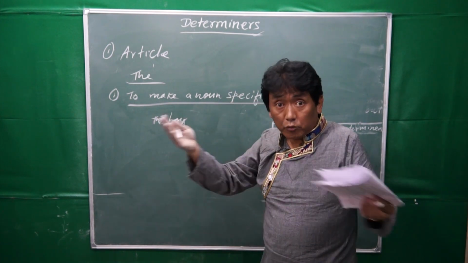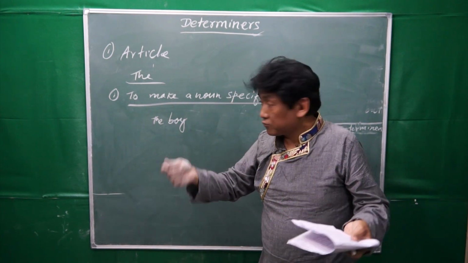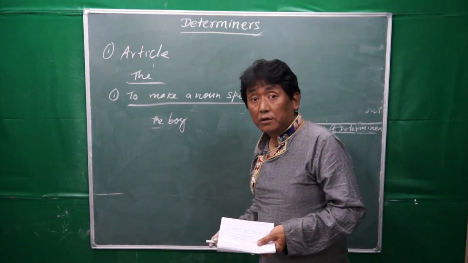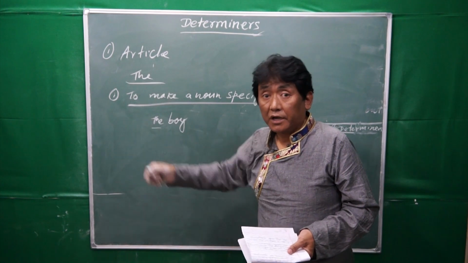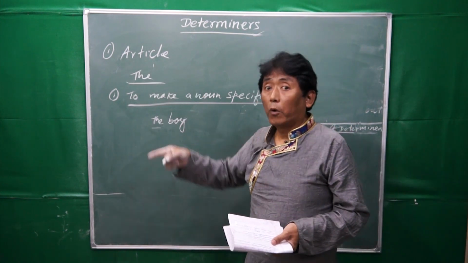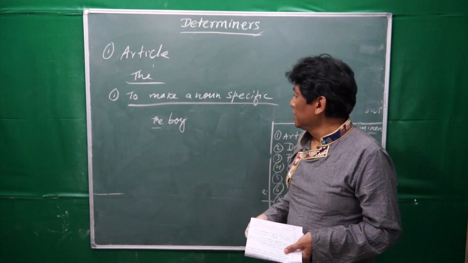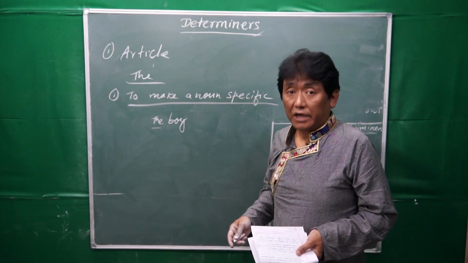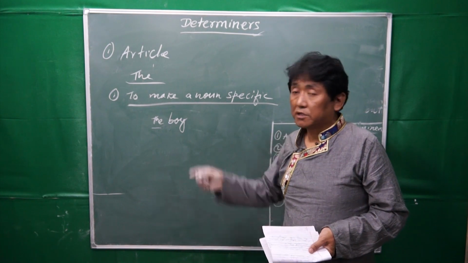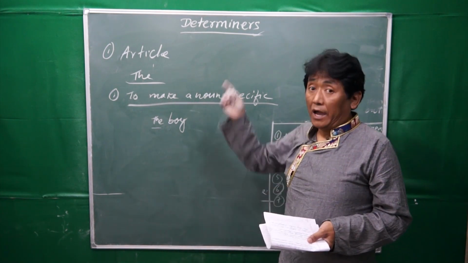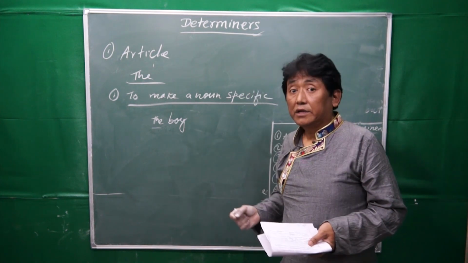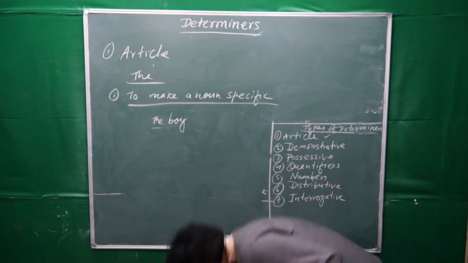So there may be two boys, right? That is why this the makes a lot of difference. The makes that boy specific. Thus, I'm talking about the same boy whom I saw at the school gate and who was wearing a red cap. Okay, that is rule number one.